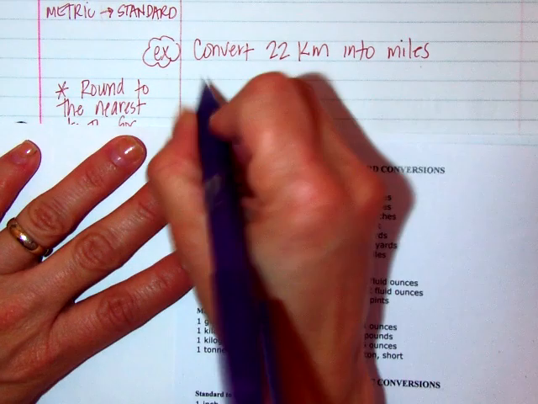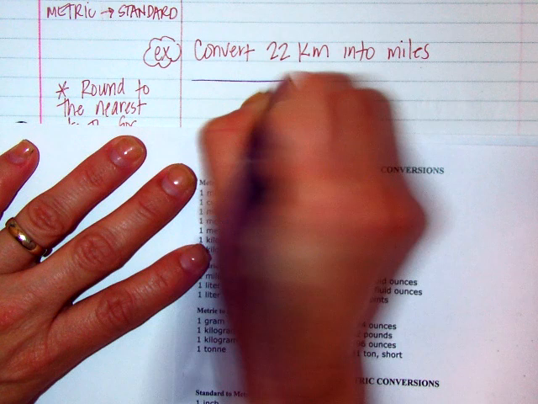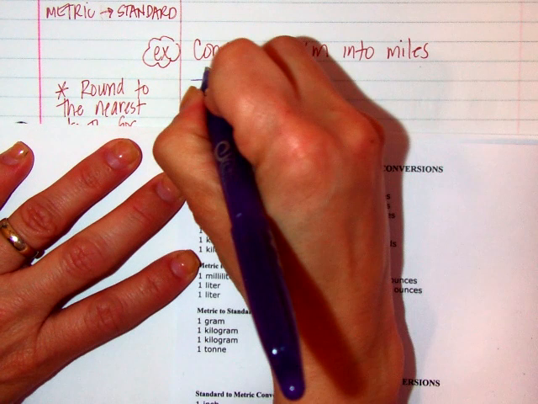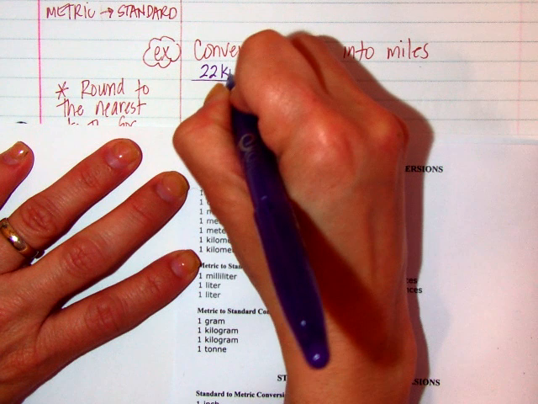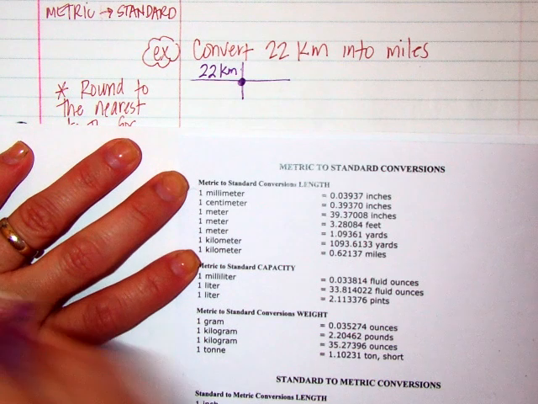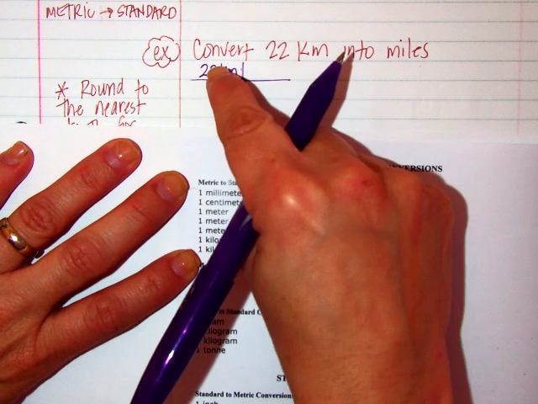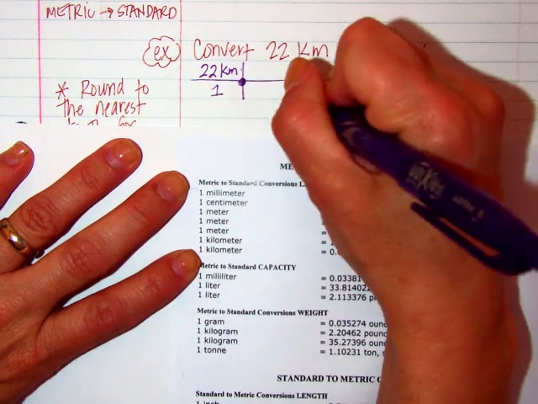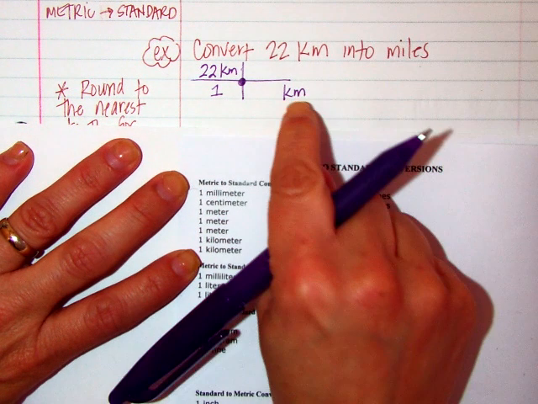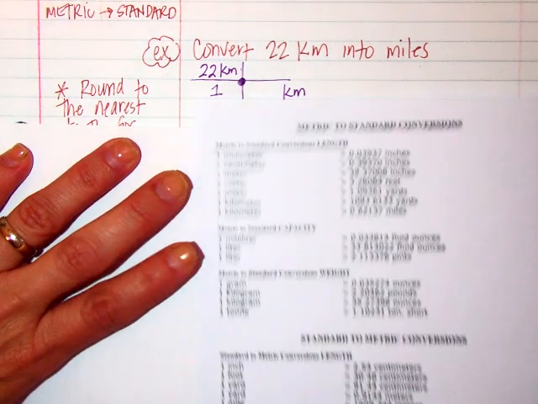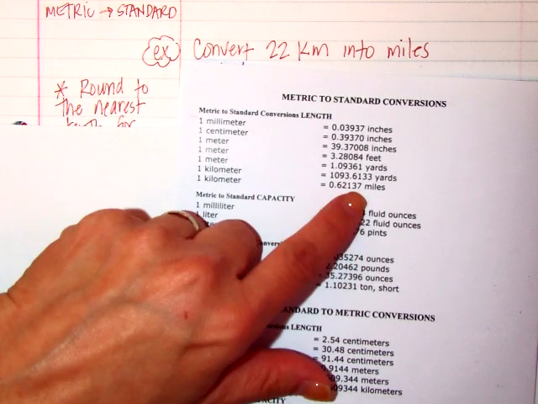Same as before, we're going to create those two fractions. What we start off with, 22 kilometers, okay, over 1. And we're going to take those kilometers, and we're going to put them diagonal from one another. And we're trying to turn these kilometers into miles. And we did find that relationship here. So that was pretty easy, okay?